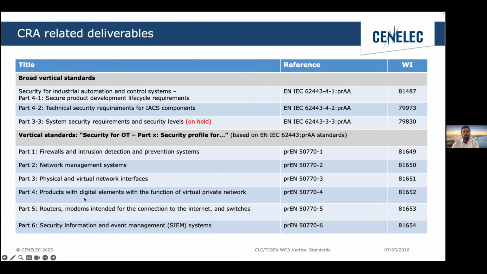And these are the list of vertical profiles which I need to submit: firewalls, -1, network management, -2, physical and virtual network interfaces, -3, private network, 4, modems, 5, and security information systems.